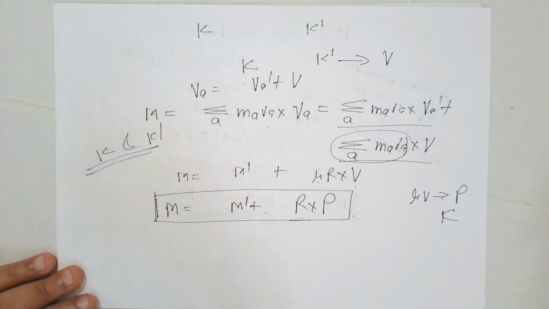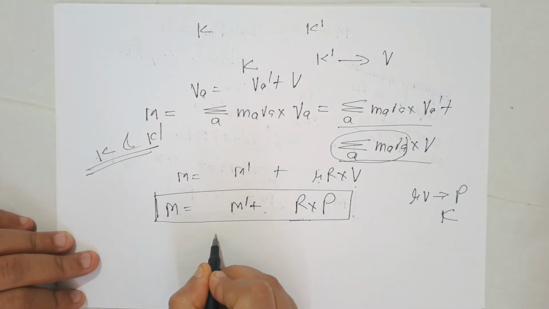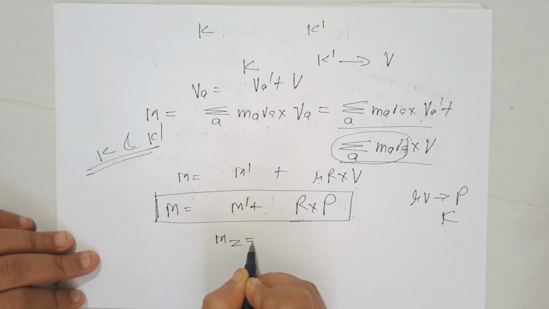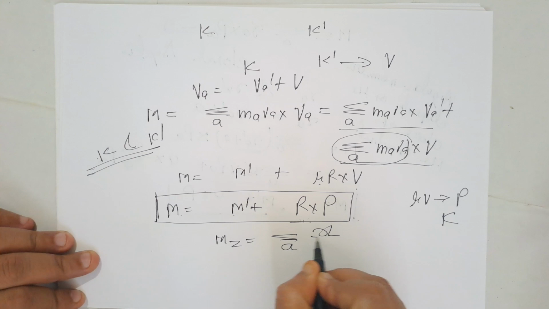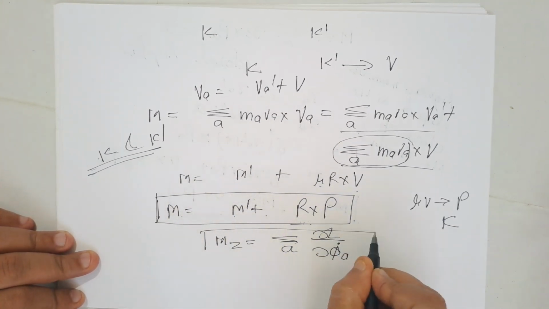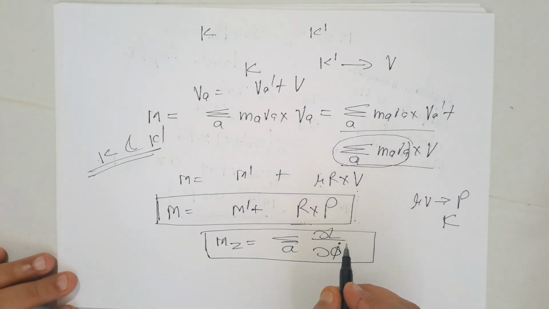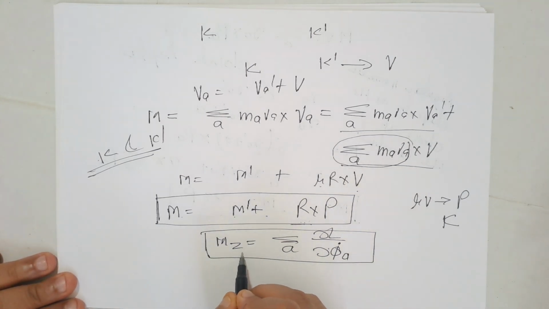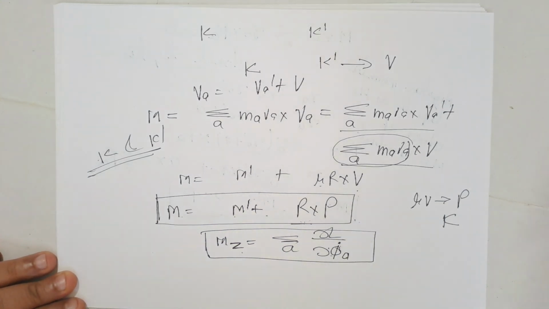Now we can calculate the component of angular momentum by differentiation of the Lagrangian. The sum over a of partial L by partial phi dot a is the component of the angular momentum in any direction. In the z direction, it is partial L by partial phi dot a.